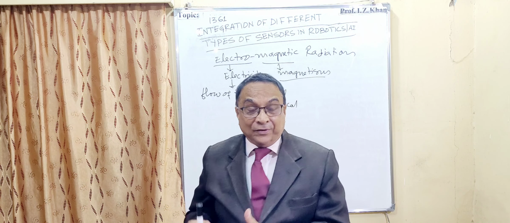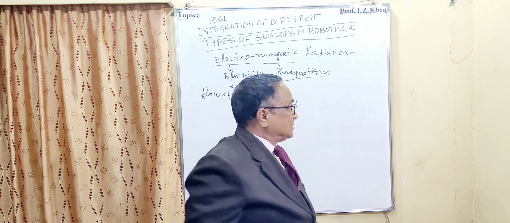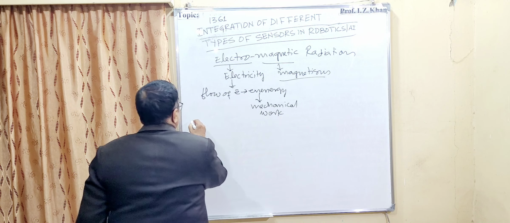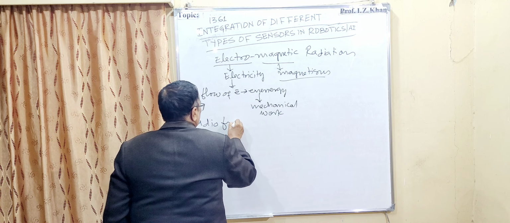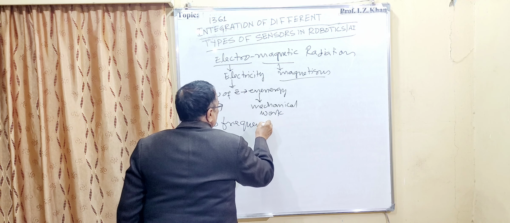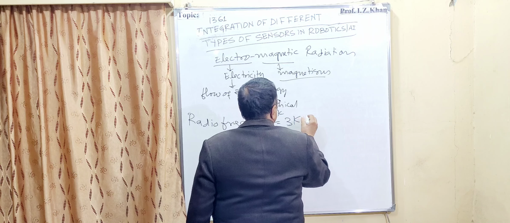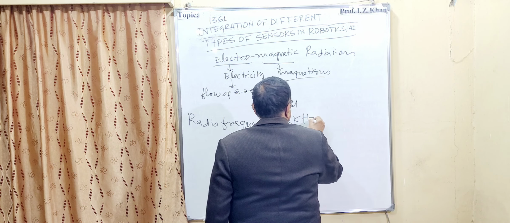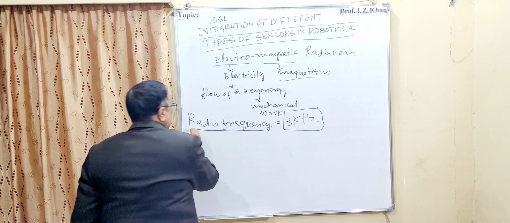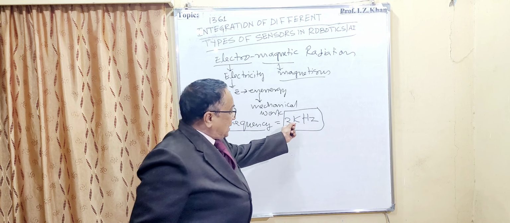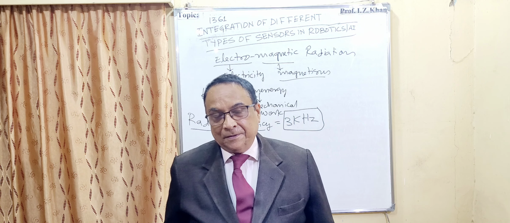So wavelength and frequency. For example, if I am saying radio frequency, radio is equal to 3 kilohertz, means in so many places this type of frequency is used here, radio frequency.